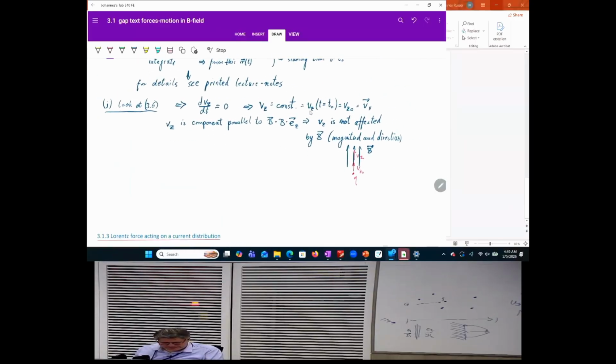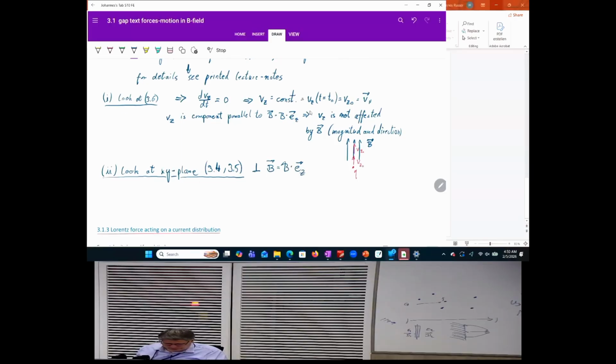Now we want to see what's happening in the xy plane. We have looked at the z direction; the xy plane refers to equations 3.4 and 3.5. Here we are actually moving perpendicular to the B field, which is oriented in z direction.